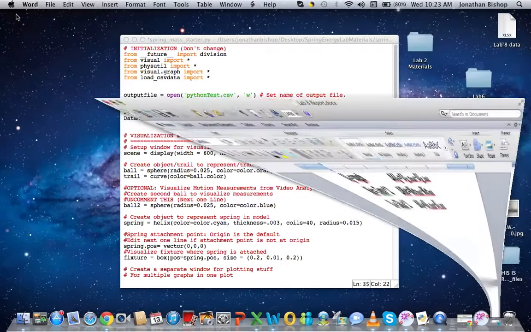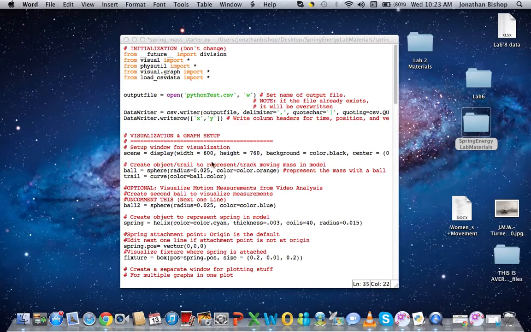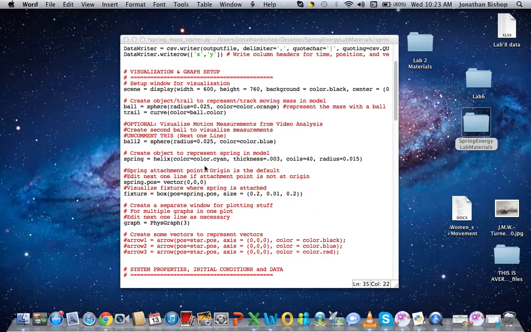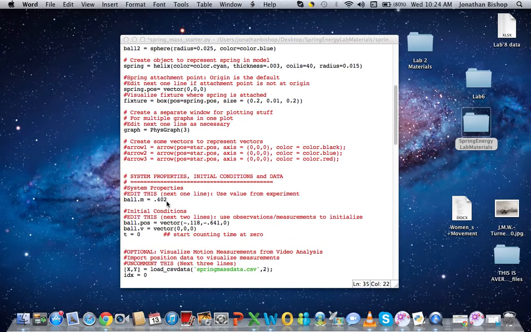So here's my model. The attachment point is at 0, 0, 0. The mass is 0.402 kilograms, which is what was mentioned in the video.